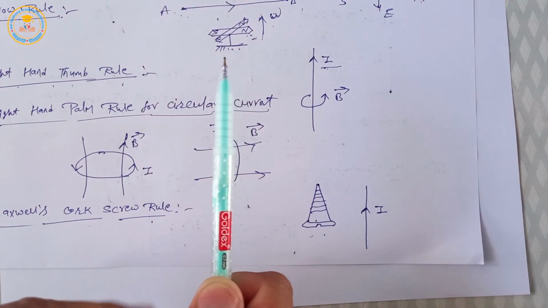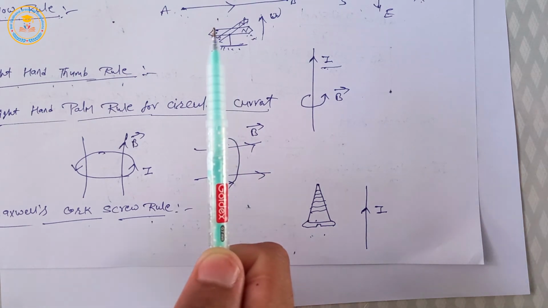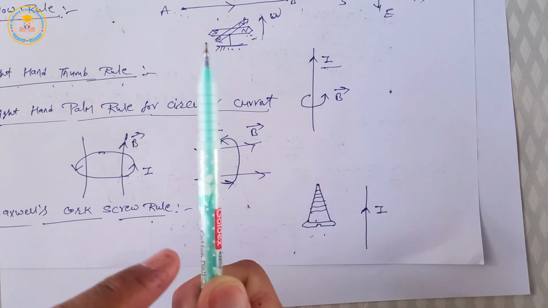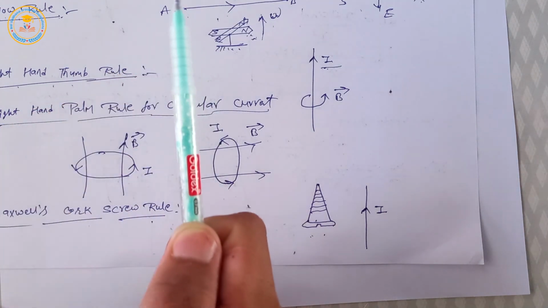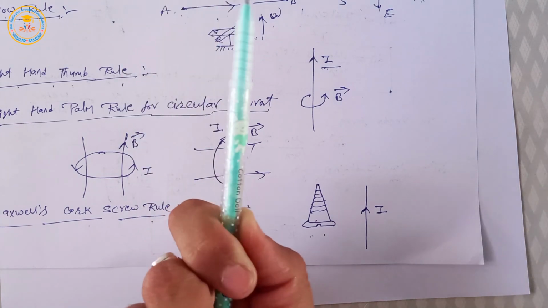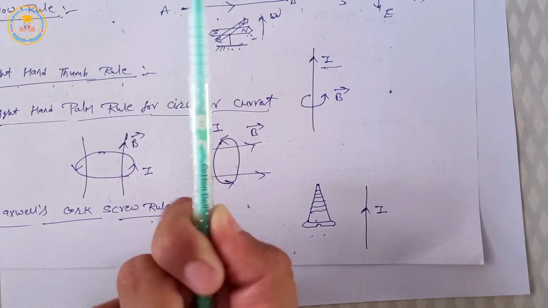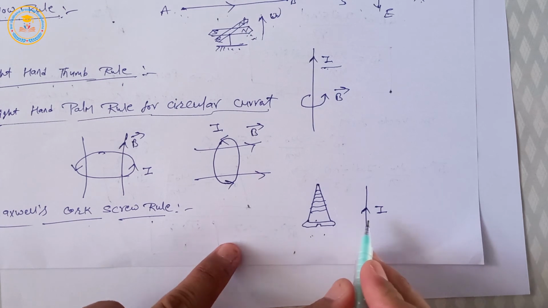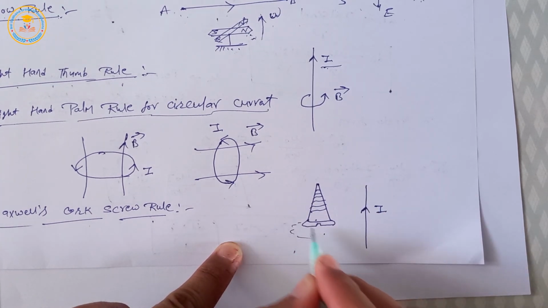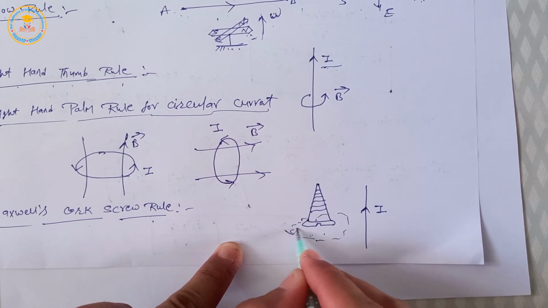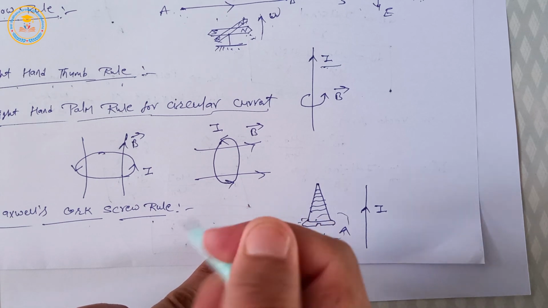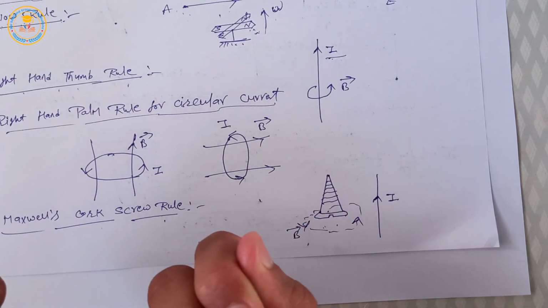Means in this situation, the direction of current is in this direction and the rotation of this screw will represent the direction of a magnetic field, okay, in this direction. So if the direction of current is this direction, then the direction of magnetic field is clockwise, okay.